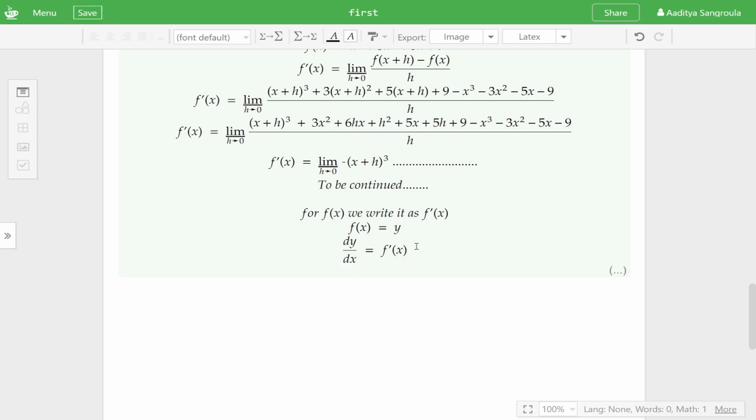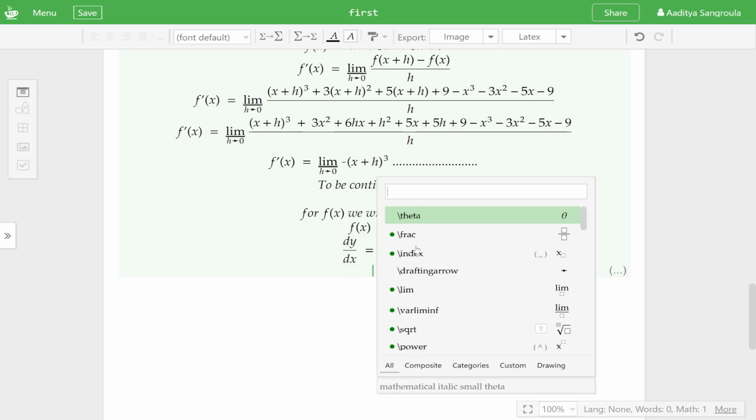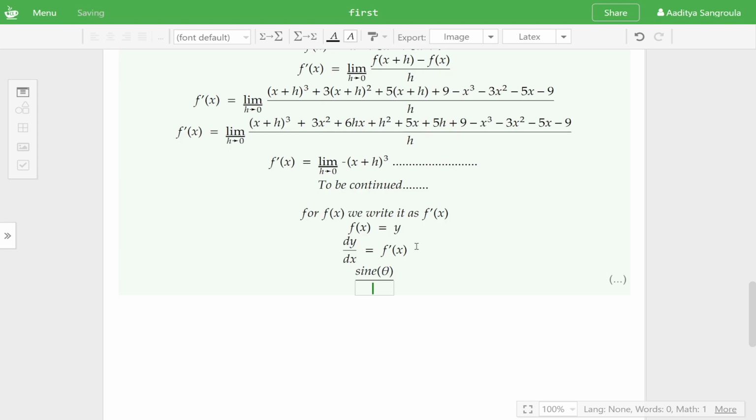Simple thing. Like sine of theta divided by cosine of theta.